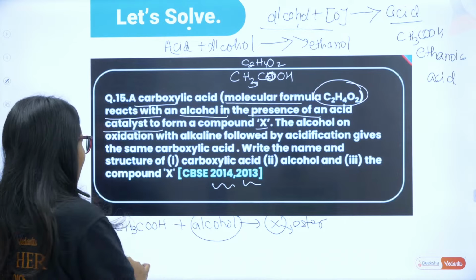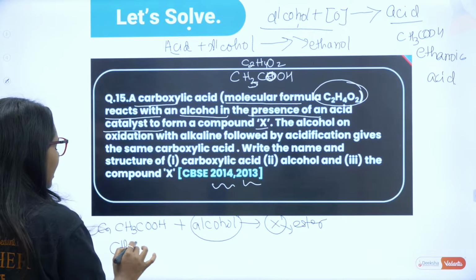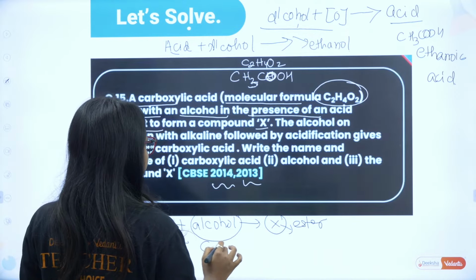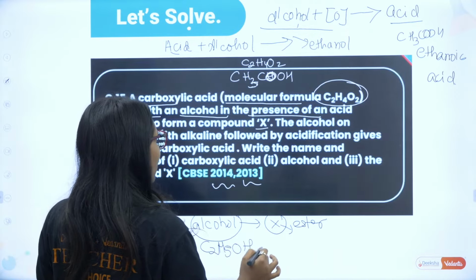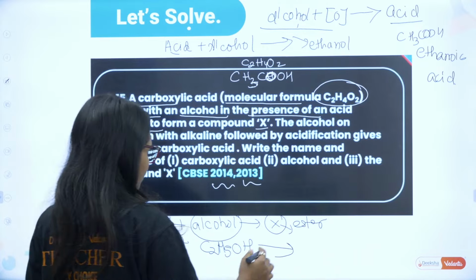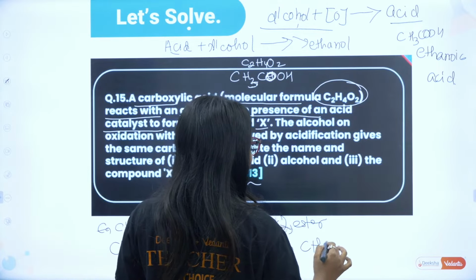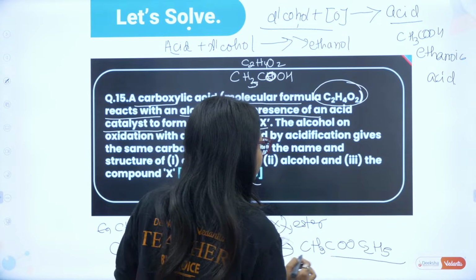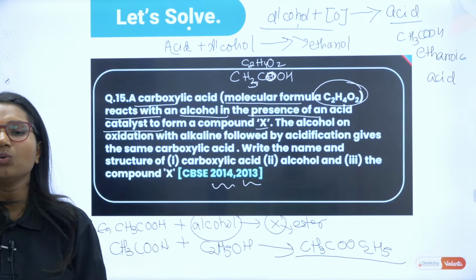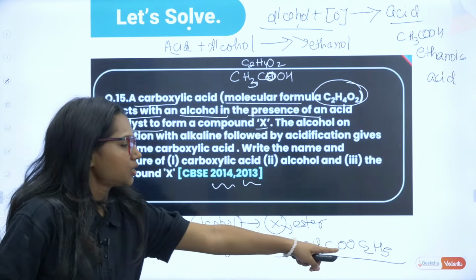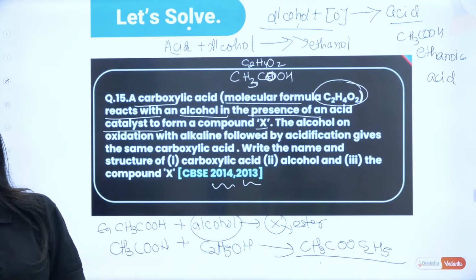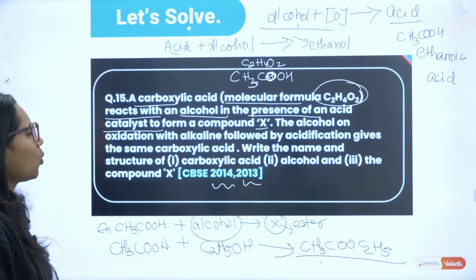So now we have acetic acid plus which alcohol? We have ethanol. We are going to get which ester? CH3COOC2H5. This is the compound X. CH3CO from acid, C2H5 part from the alcohol. This ester you are going to get.